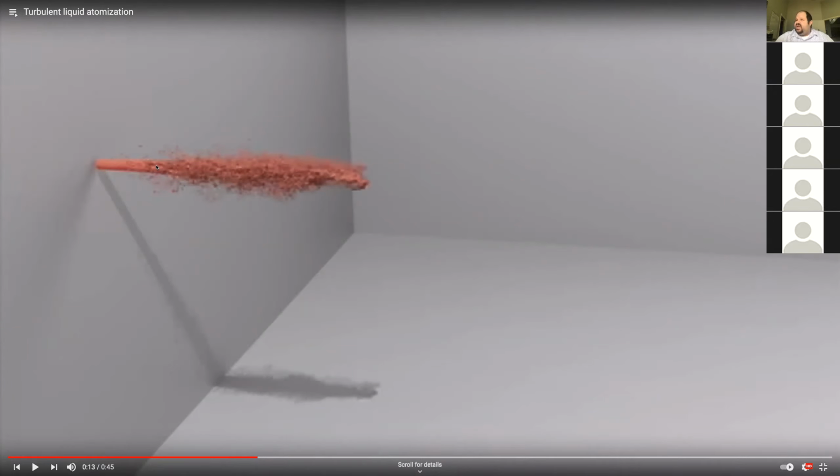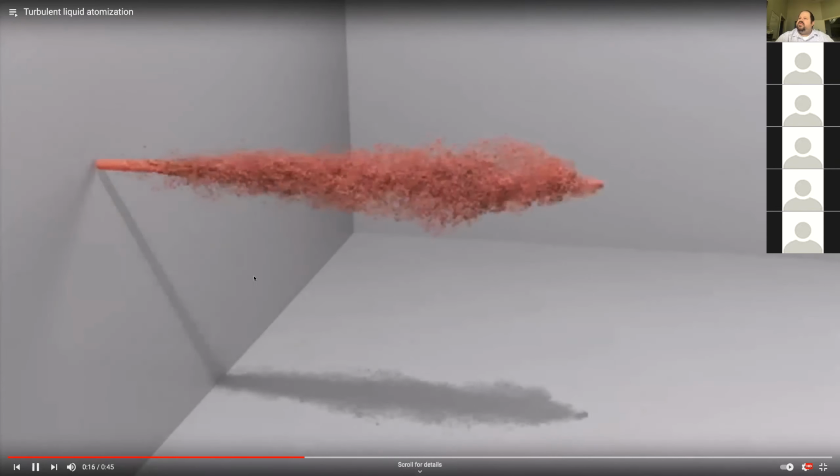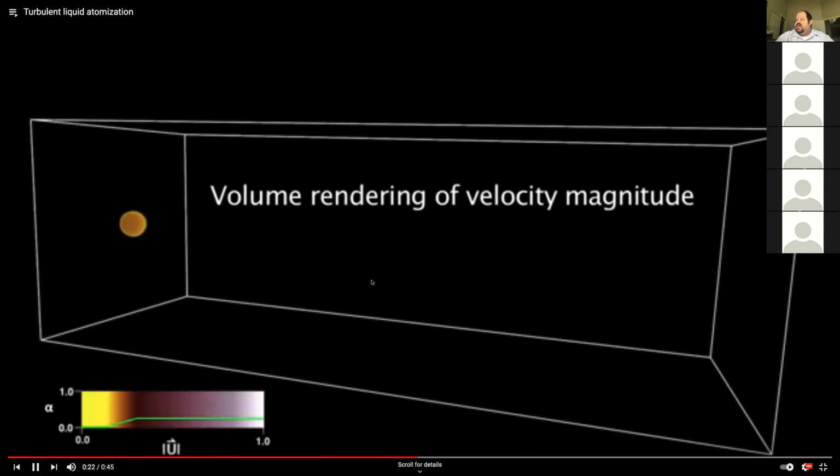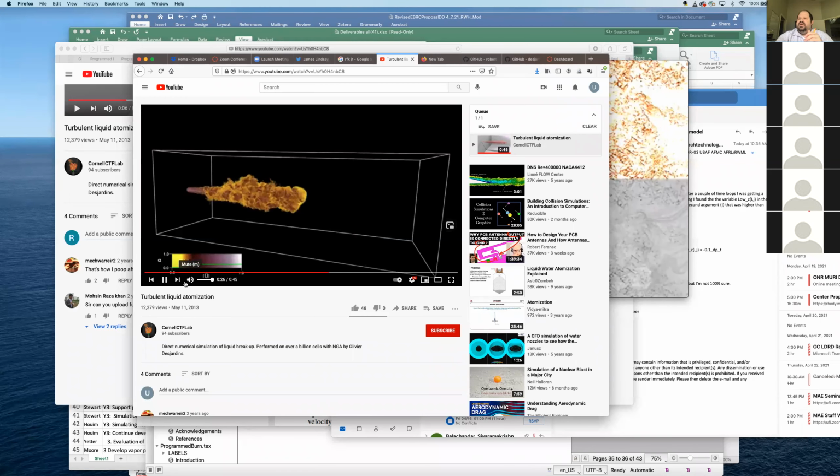And because it is a mass conservative method, you can be assured that all these little droplets being stripped off to the side are conserving mass, and they won't just disappear. If you were to use the same model with a level set method, those small droplets would just disappear due to numerical dissipation.